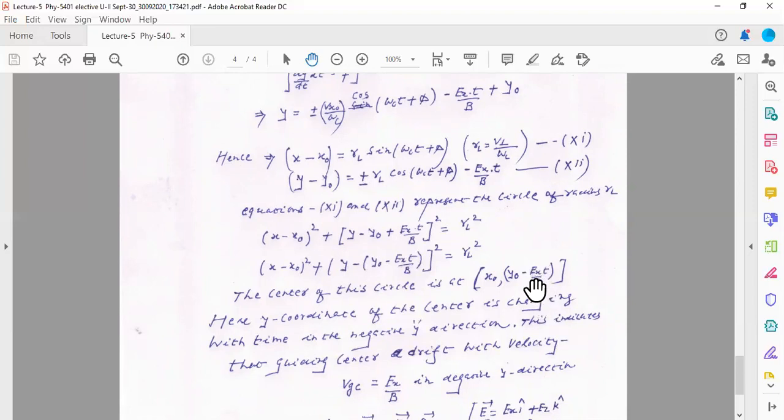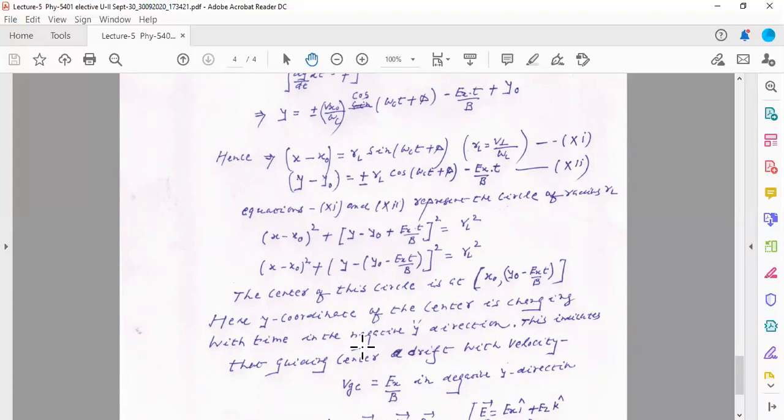Ex by B. You can check the dimension of Ex over B to see that it is a velocity. So since the y coordinate of the guiding center is changing with time, if there is an electric field, then the y component of the guiding center is changing with time, and it is changing in the negative y direction.